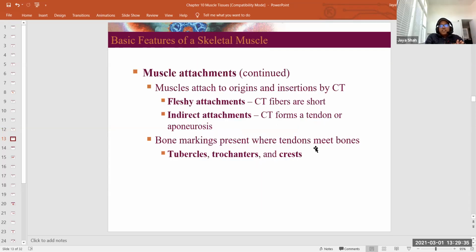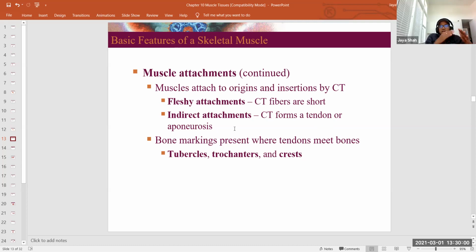Muscle attachments continued. Muscle is attached to origin and insertion by connective tissue. There is fleshy attachment. In this case, muscle fibers are very near to the bone because the connective tissue fibers are very short. Indirect attachments are where the connective tissue forms a tendon or aponeurosis.